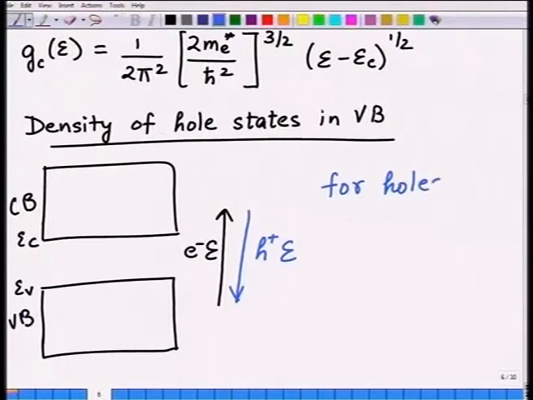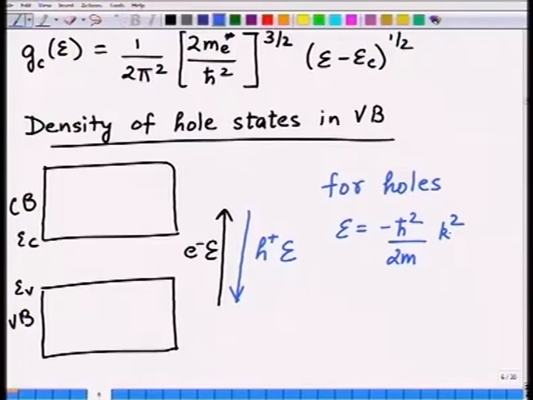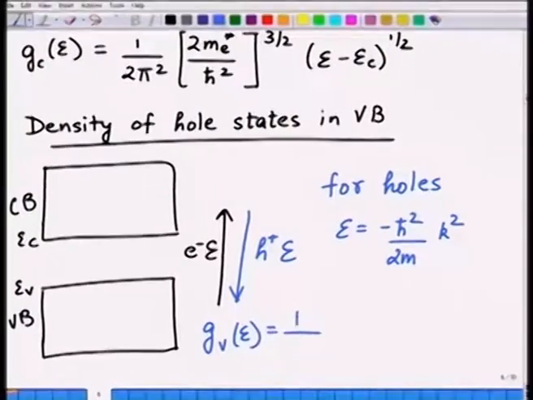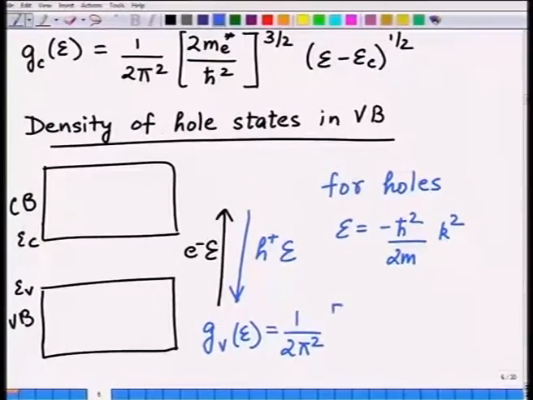So by the same token, if I first think of energies as going like minus h bar square by 2m k square, start thinking like this, they are going down. Then the second thing I can do is use the same formula for density of states. I can write GV of E as equal to 1 over 2 pi square times 2m.